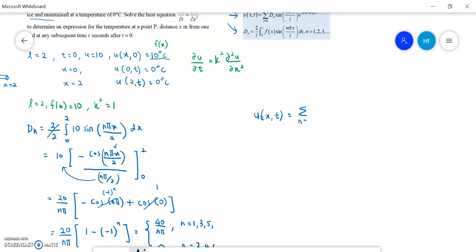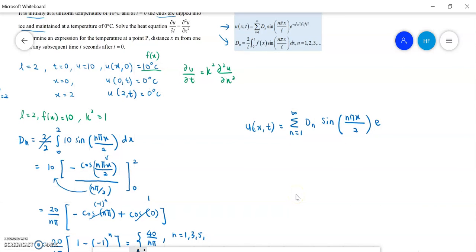So this will be the sum from n equals 1 to infinity of Dn sin(nπx/L), which is 2, times e to the power of negative n squared π squared k squared, where k squared equals 1, times t over L squared. L squared will be equal to 4.